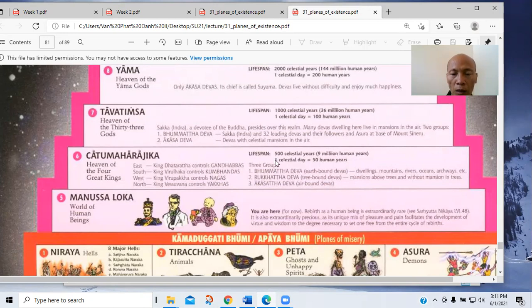They live for 9 million human years, because 1 celestial day is equal to 50 human years, so they live up to 500 celestial years. So they have this lifespan. The nearest heaven to the human realm is the heaven of the 4 great kings. That's what it is about.